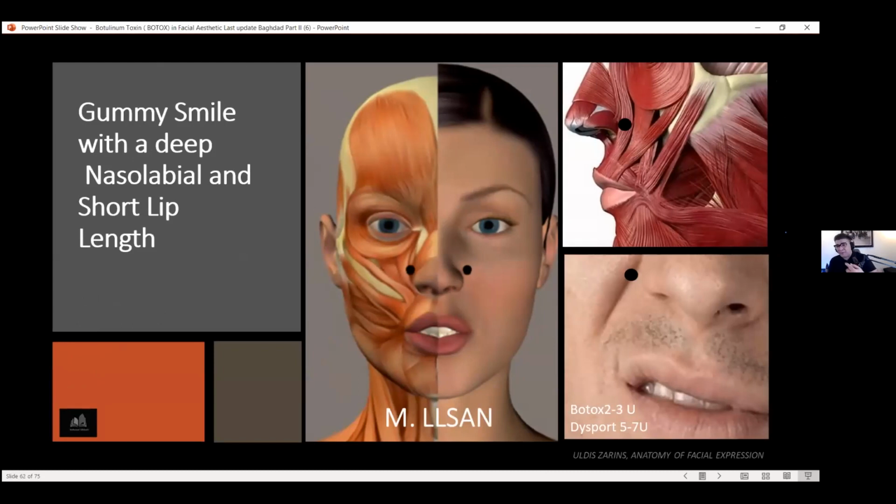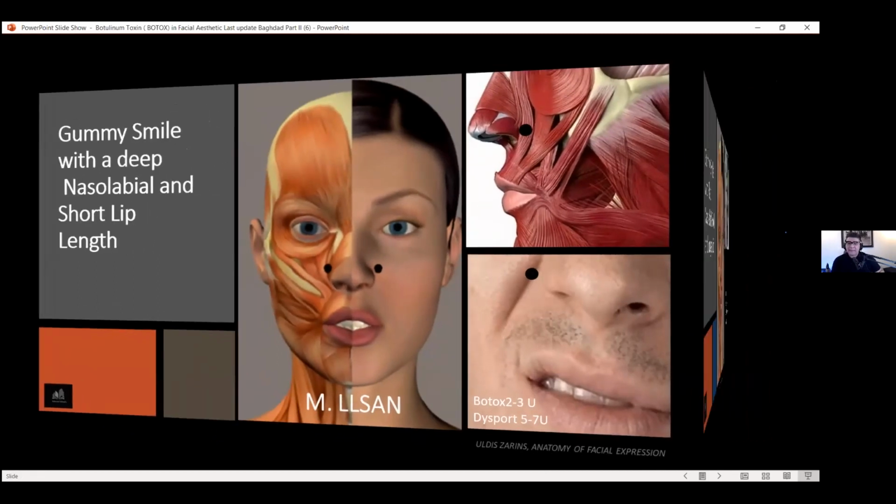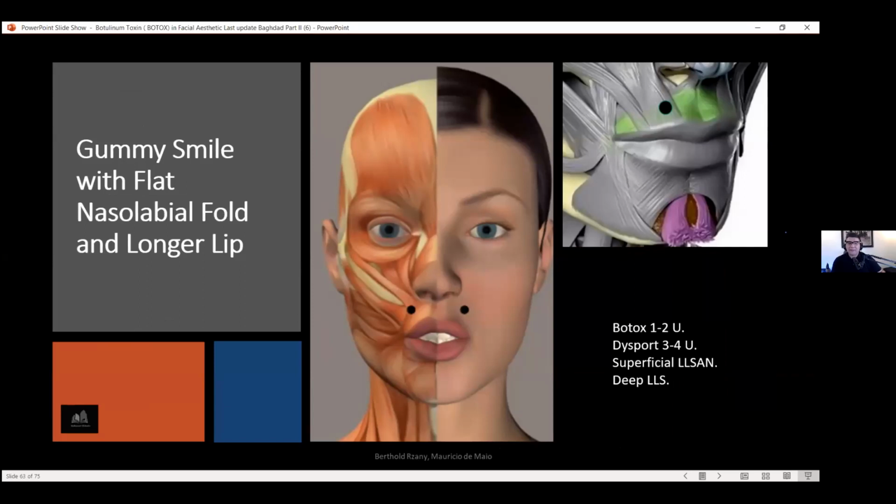And you can test it with your finger when you ask your patient to make this movement, showing his teeth forcefully. And then you're going to see the depth of the nasolabial fold. The second slide goes with a little bit flatter nasolabial fold. So the point goes down a little bit, but at the same line of the alaeque nasi muscle. Okay?